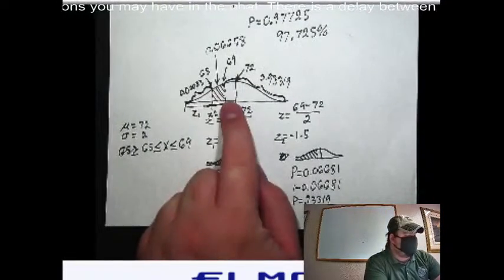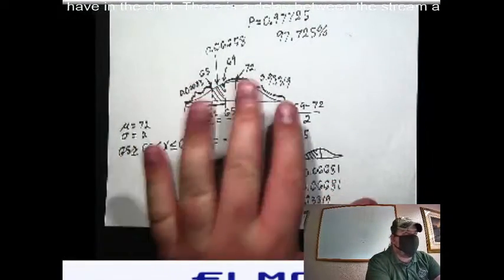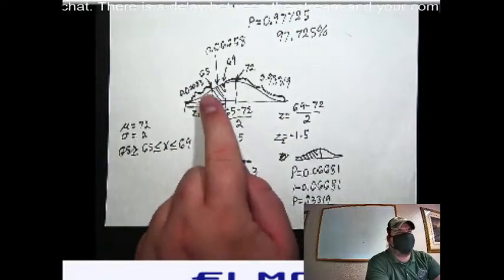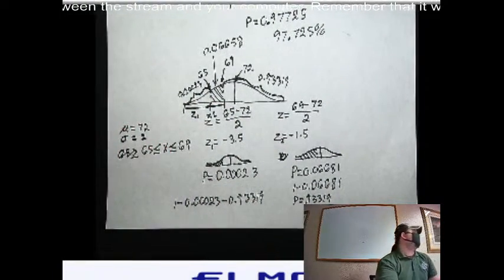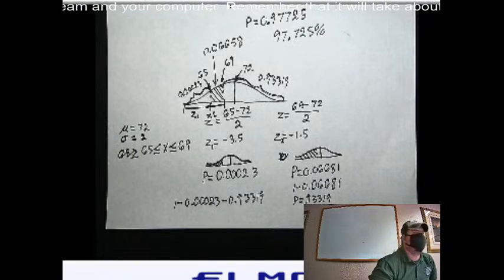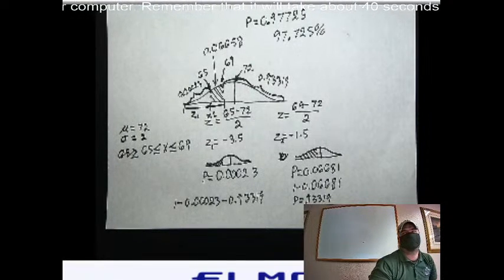So, in between these 2 points, about 6% of our data is right there. Any questions?